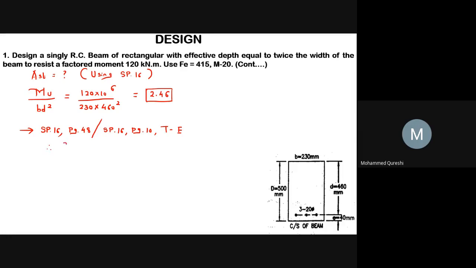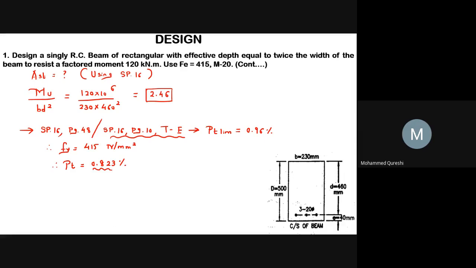So for Fy equals 415 Newton per mm square, you will get the value of Pt as 0.823 percentage, and using this particular parameter you will get the limiting value of Pt as 0.96%.